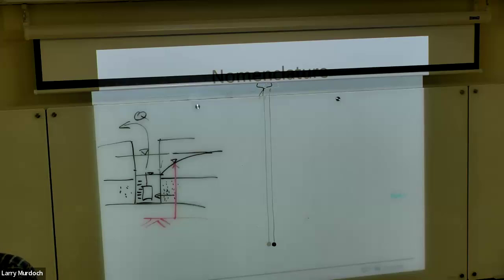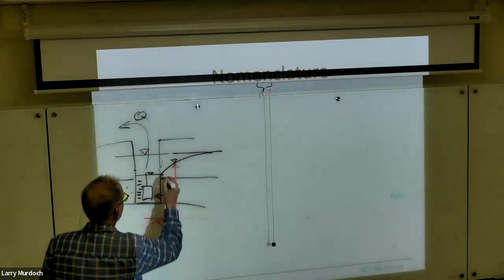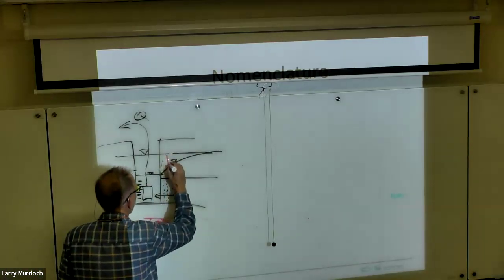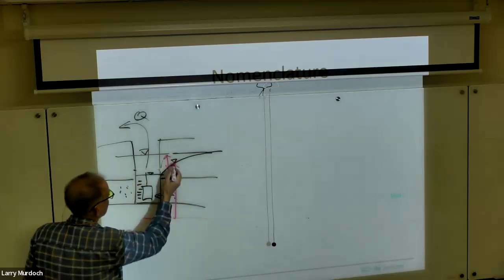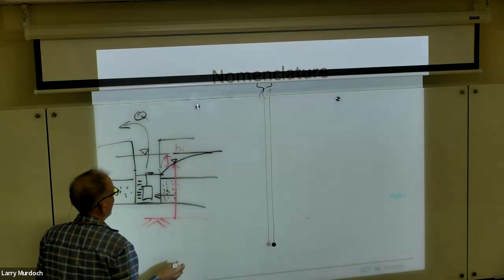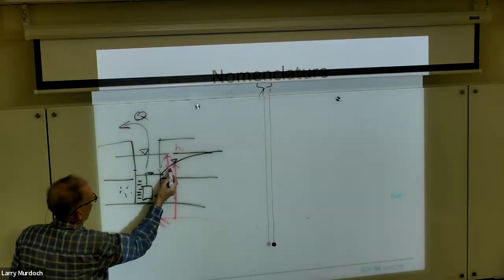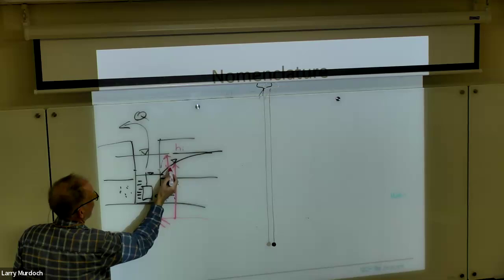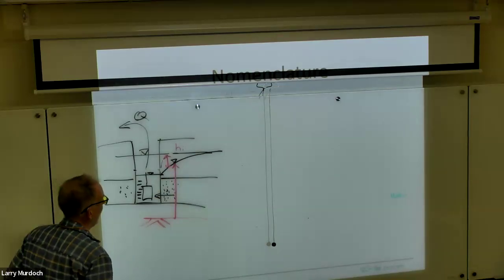But typically what we're interested in is not so much the hydraulic head, but how the hydraulic head is changing as a result of pumping. Okay, so this is the change in the hydraulic head. If we think of this as HI, the initial hydraulic head, this is the initial head minus the hydraulic head during pumping.